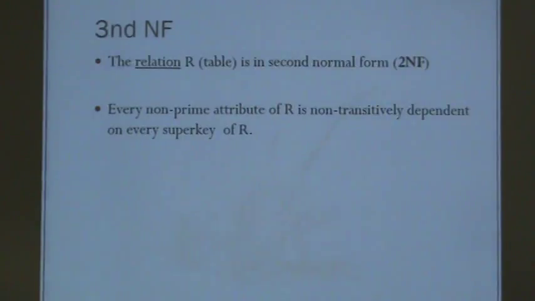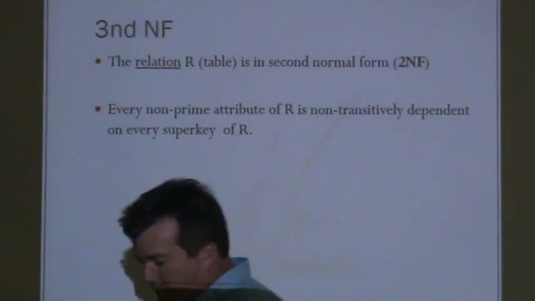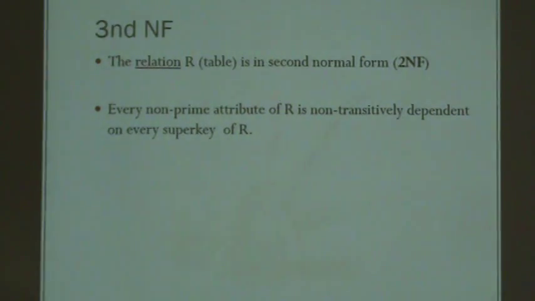So the second normal form is a more restricted version of the first normal form.